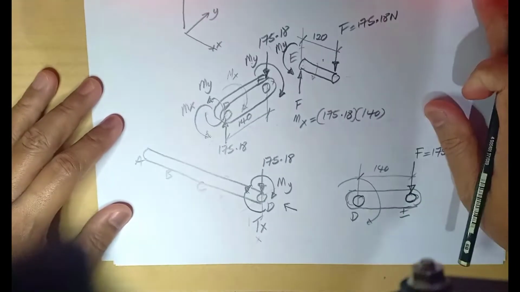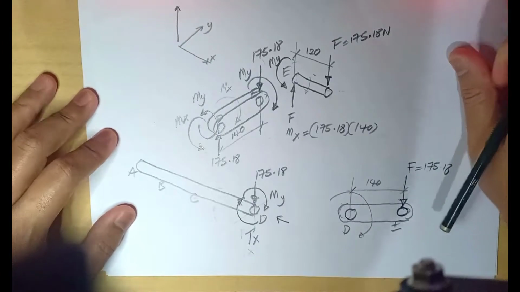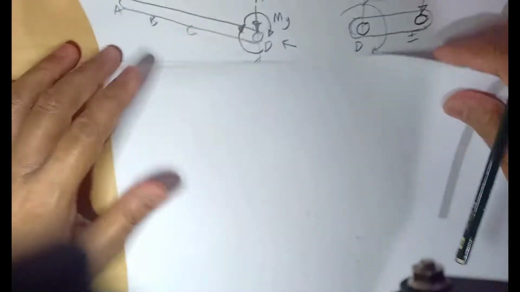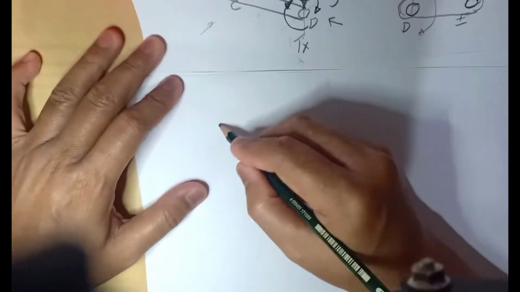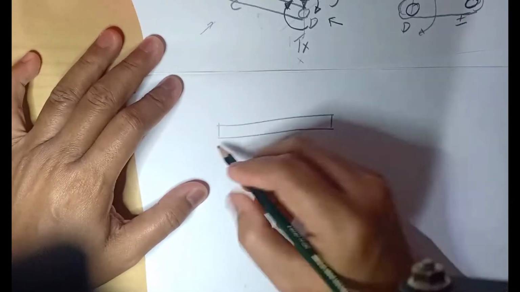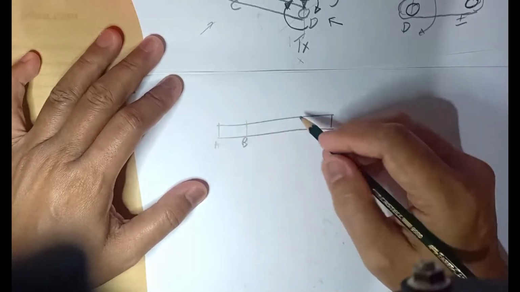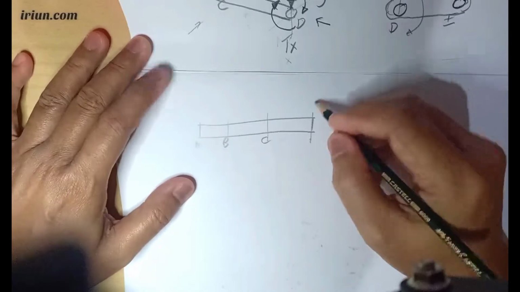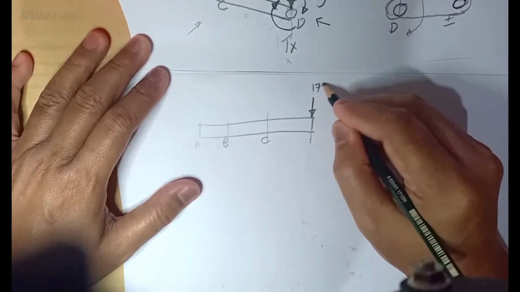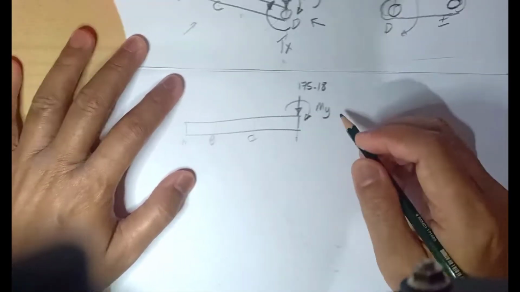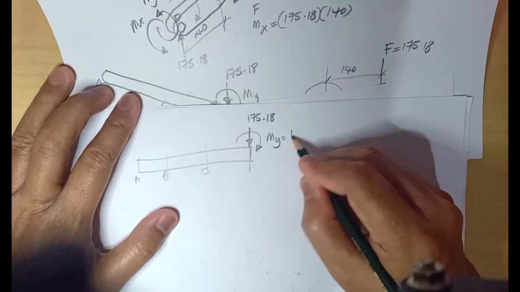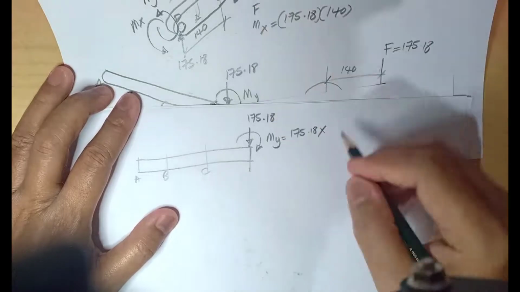So when you draw the shear diagram of ABCD, when you look from this view, your shaft is like this: your A, your B where you have your pulley, your C is a bearing, and it's your D. So we have the force straight downward, 175.18, and we have moment Y in this direction, where moment Y is 175.18 times the distance 120.